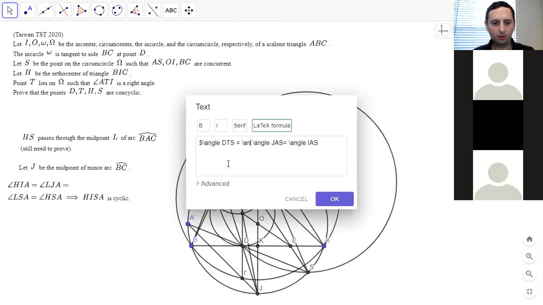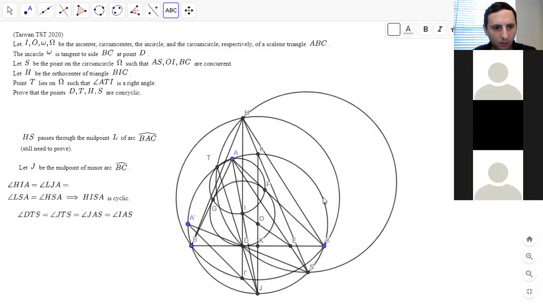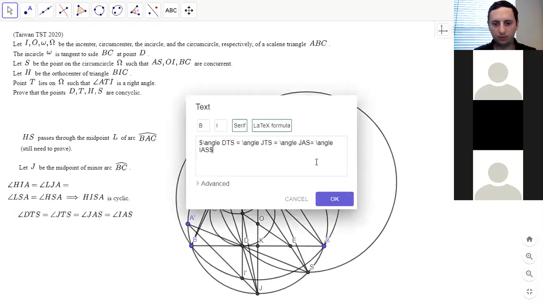JTS. So if DTS equals IAS, which is equal to IHS, which is DHS.